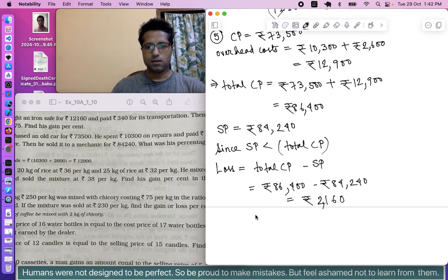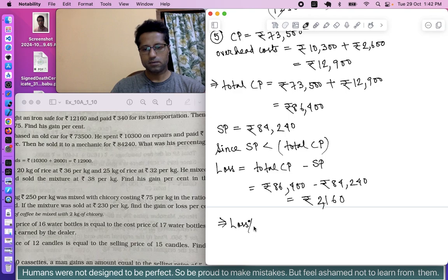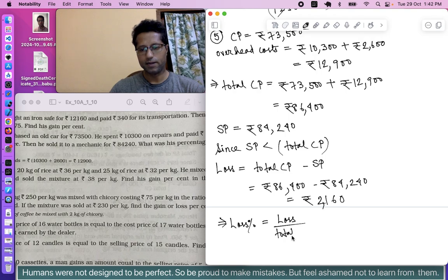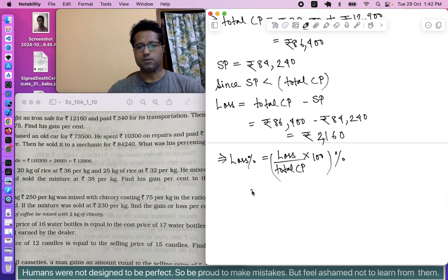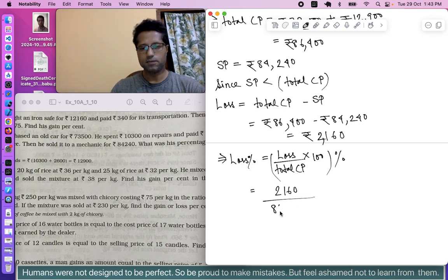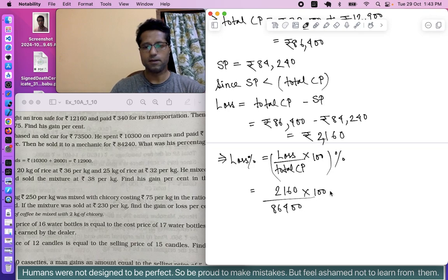This implies loss percent is equal to loss divided by, since there is an overhead, total CP multiplied by 100 percent. Loss is 2160 and total CP was 86400, multiplied by 100.